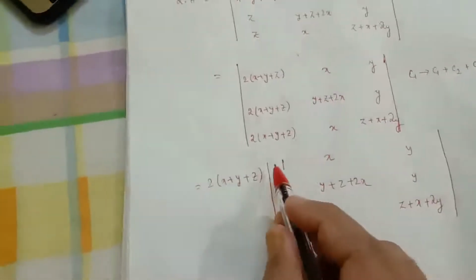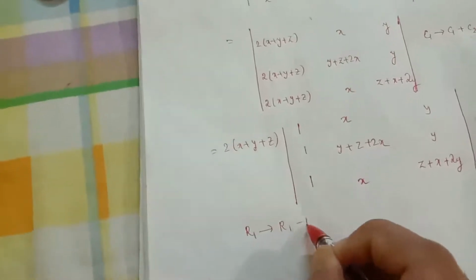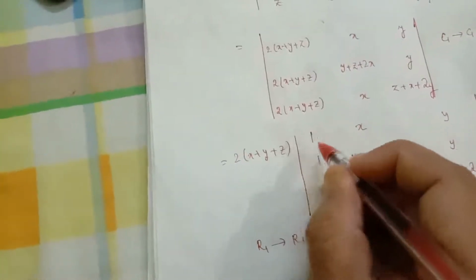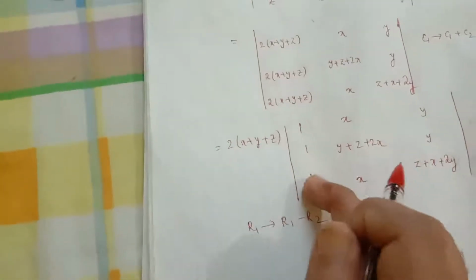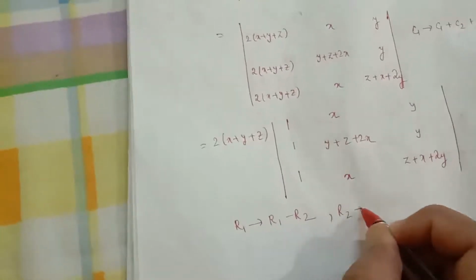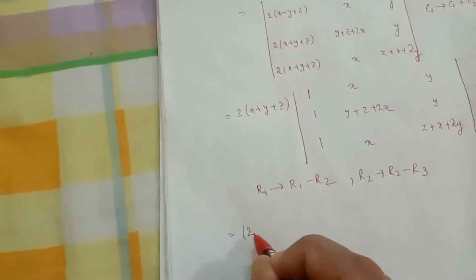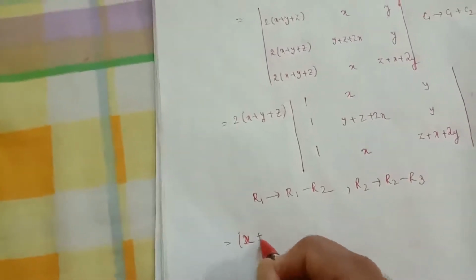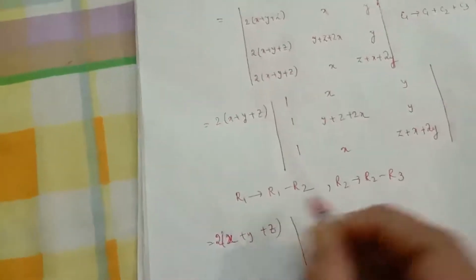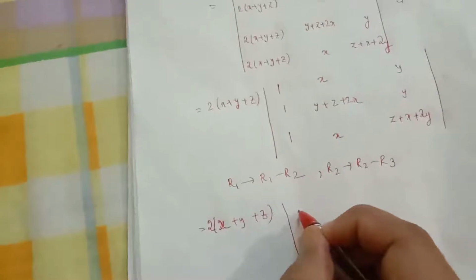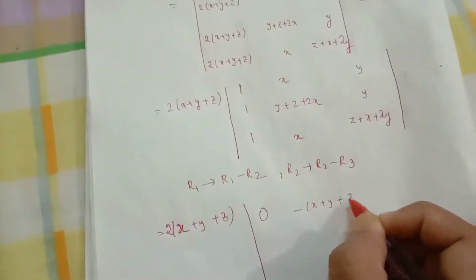You can see 1, 1. So let us replace r1 by r1 minus r2. r1 minus r2 will give us 1 minus 1, which is 0. And similarly, r2 minus r3 will give us 1 more 0. So if we replace r1 by r1 minus r2, our new r1 will be 0, minus of x plus y plus z, 0.